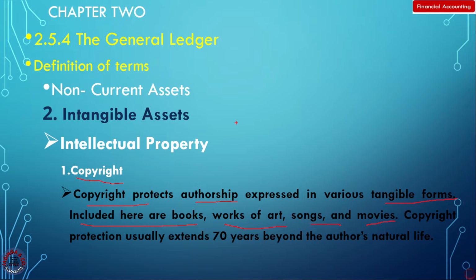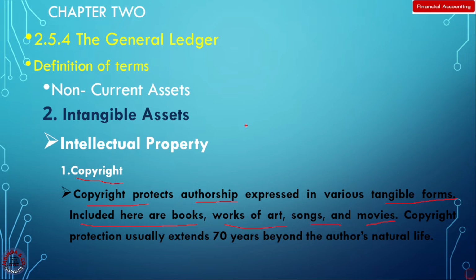So you have the copyright protection of that book, or maybe you have a work of art, and you can only authorize somebody to use it. They cannot use that work of art without your authorization. So you have the copyright protection.